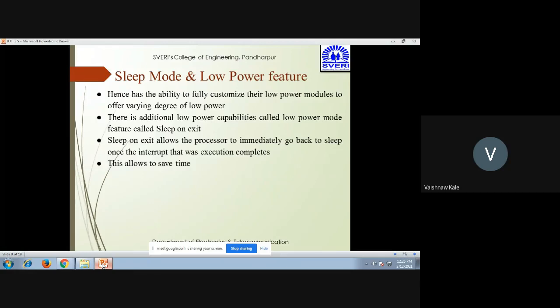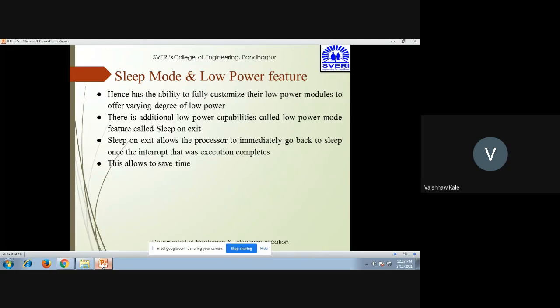Hence, as the ability to fully customize the low power modes to offer varying degrees of low power, there is an additional low power capability called sleep on exit. This is also a very nice feature. When you exit the program, it will go into the sleep mode, so it is a power saving mode.